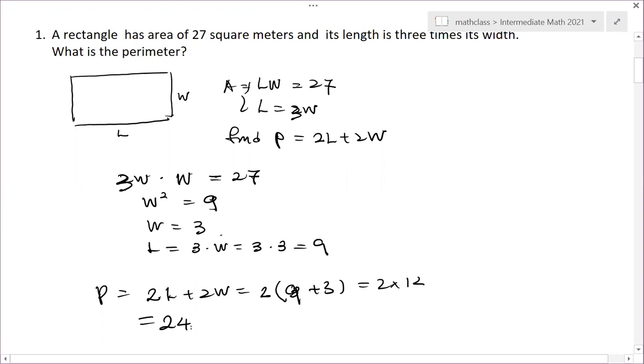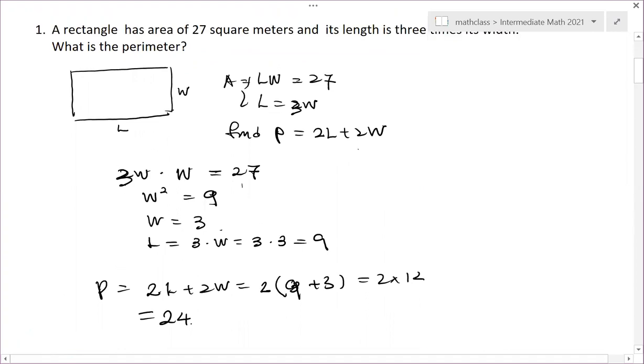So when you do the homework, you have to show me the picture, and you write down the names of variables. You write down the given information, usually a couple of equations. Then you write down what you have to find out. Then you try to solve these equations.